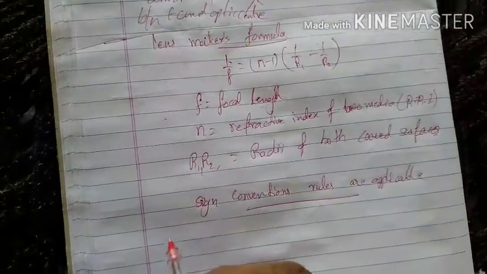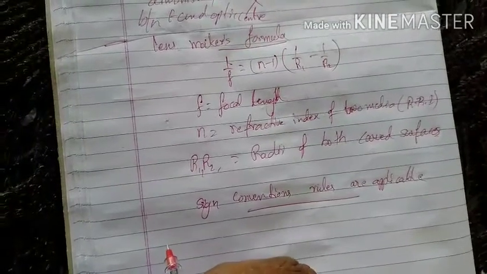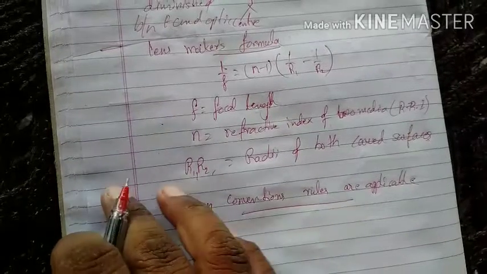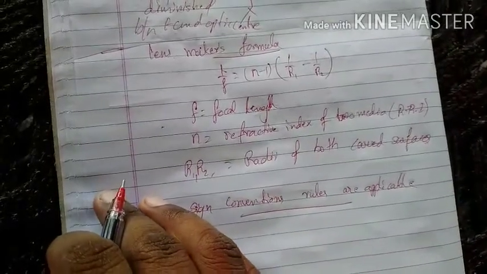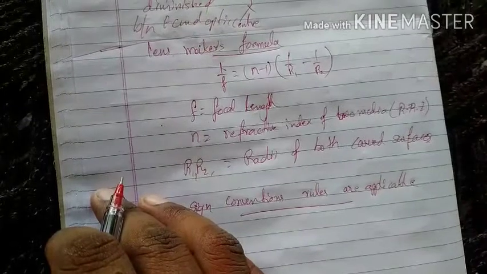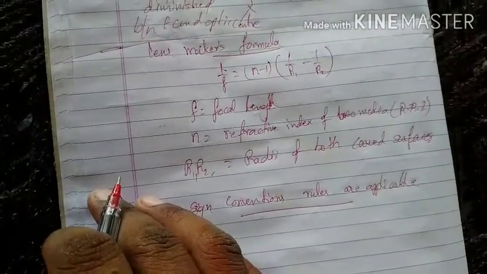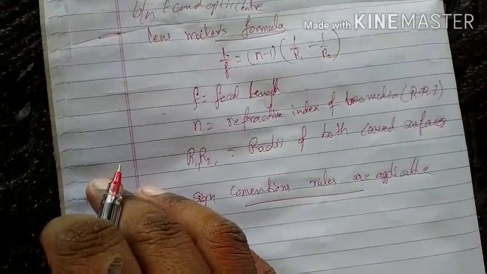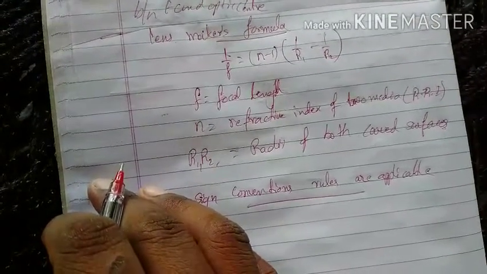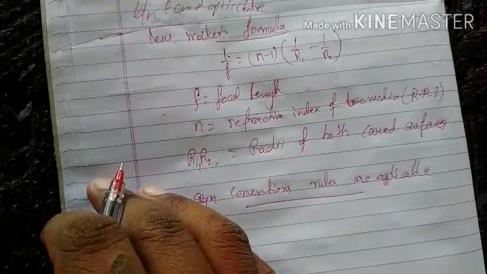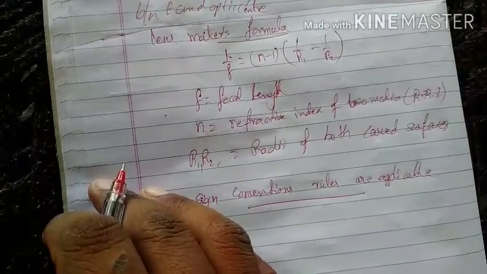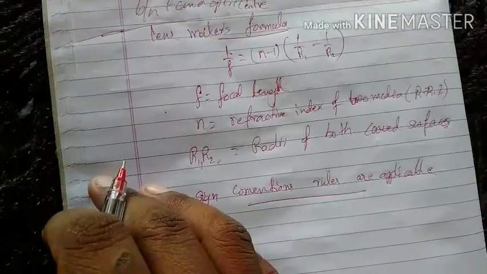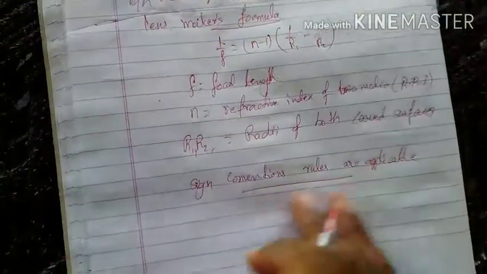Okay, now we see the derivation of the equation. To make the derivation, at the beginning of this lesson we derived a mathematical relation between the refractive indices, object distance and image distance when light takes refraction at a curved surface.